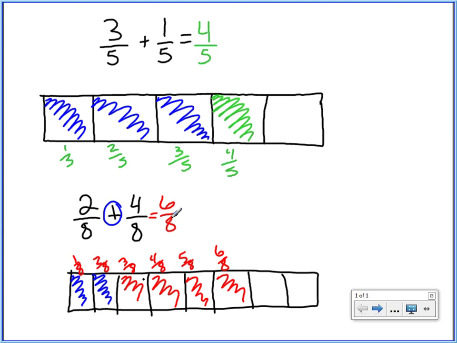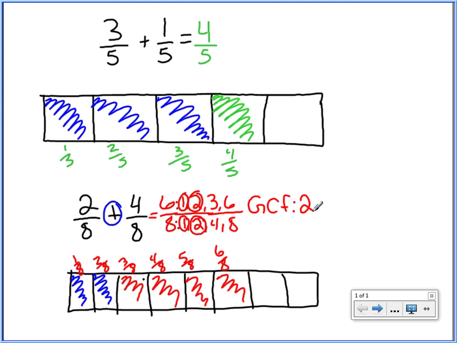But when you add fractions, you need to see if you can reduce the fraction or write it in simplest form. So I'm going to write the factors of 6, and then I'm going to write the factors of 8. I'm going to circle the factors that they have in common, which are 1 and 2. And its GCF, or its greatest common factor, is 2.